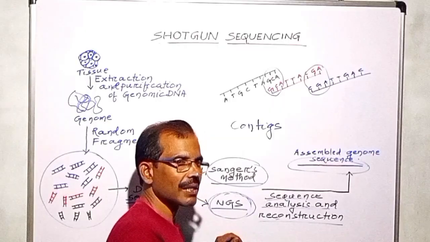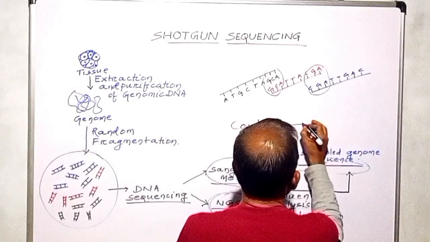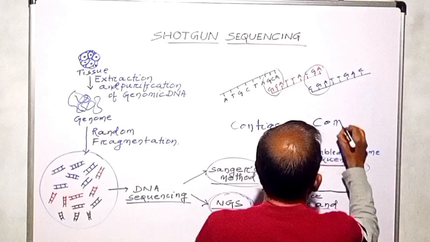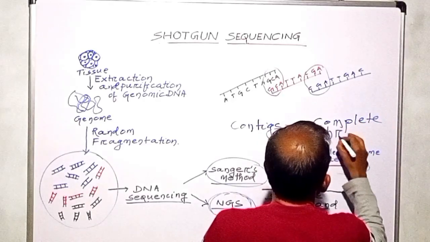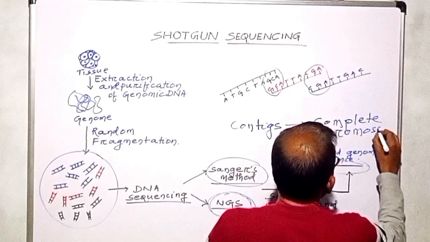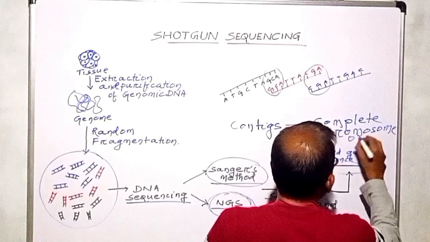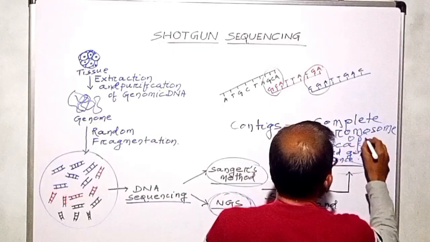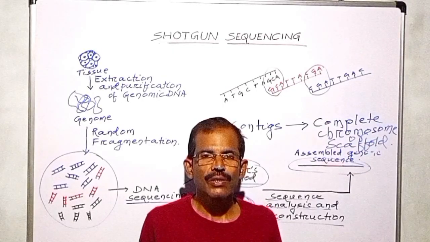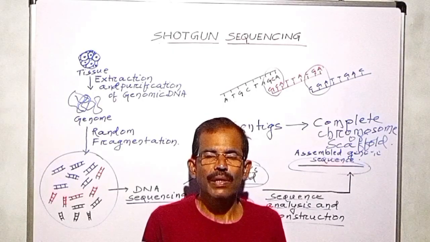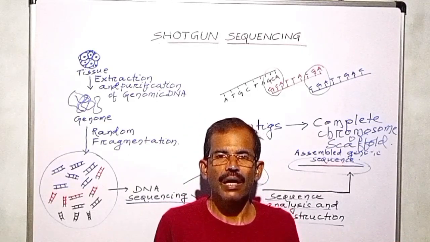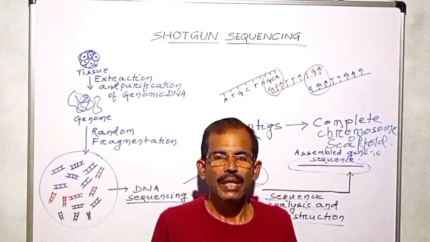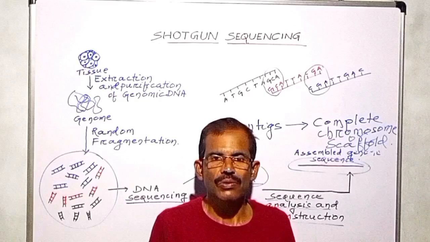These contigs are then assembled in a specific manner to form the complete chromosome, or scaffold. So friends, in this way, by using specific computer programming, shotgun sequencing can determine the arrangement of nucleotides in a complex genome.